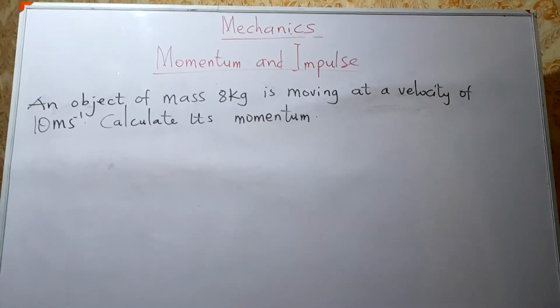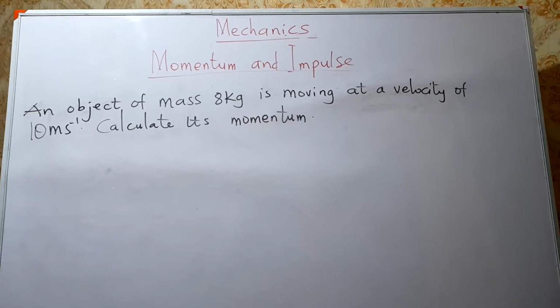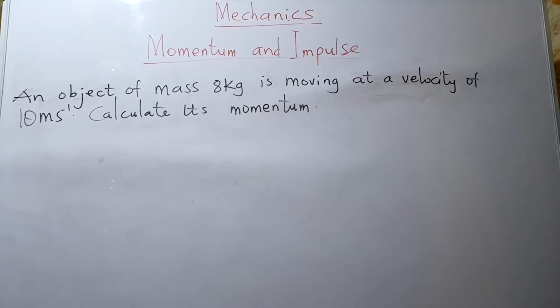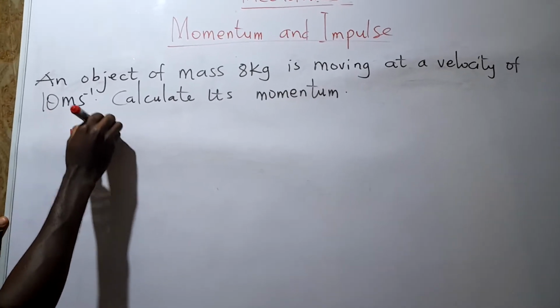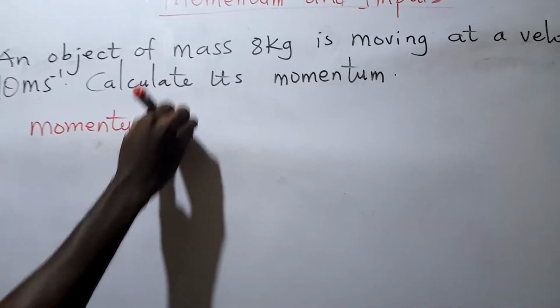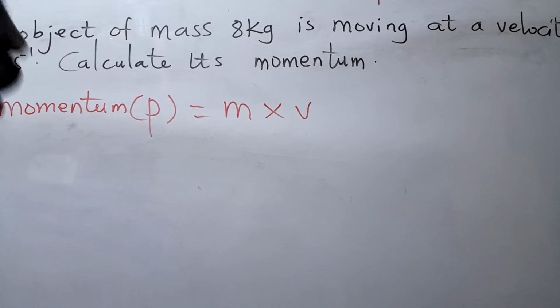So let's look at this simple question. An object of mass 8 kg is moving at a velocity of 10 meters per second. Calculate its momentum. Remember, we said the momentum of an object or body is equal to the mass of the body times the velocity.